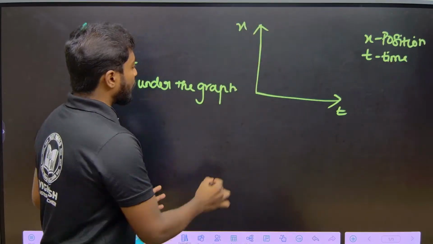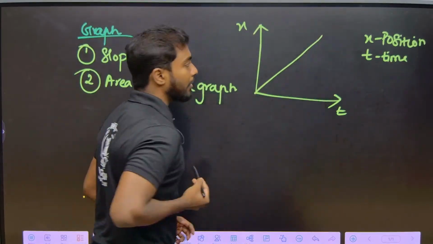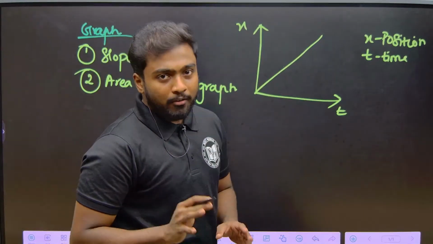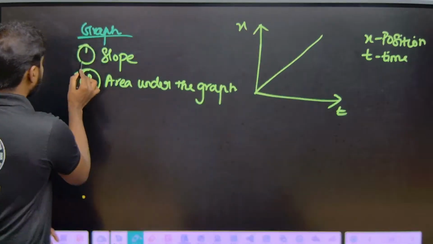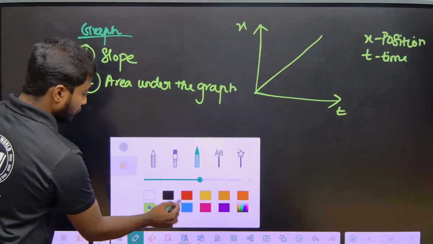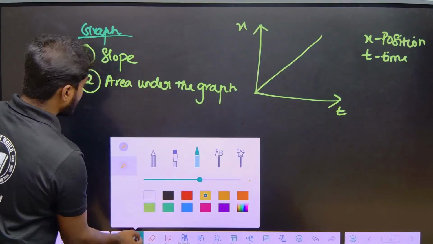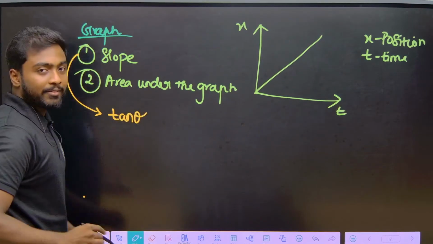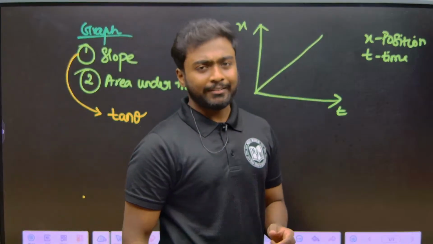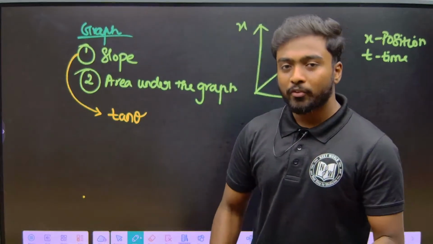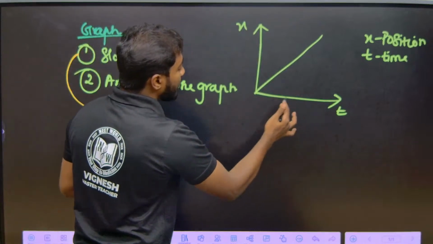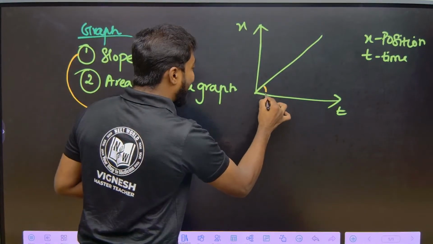For example, I'll take a straight line. Whenever we are talking about slope, slope is nothing but tan theta. What is tan theta? We know it is opposite by adjacent, right? Like if I talk about this is the angle.